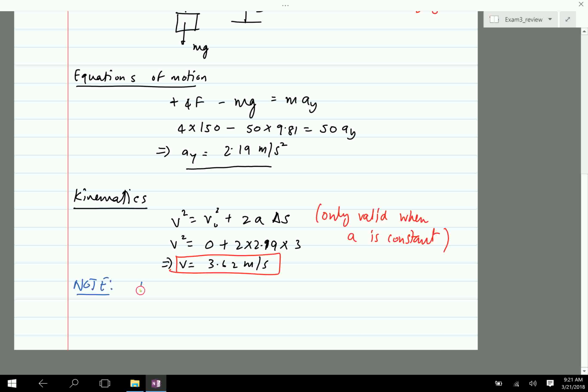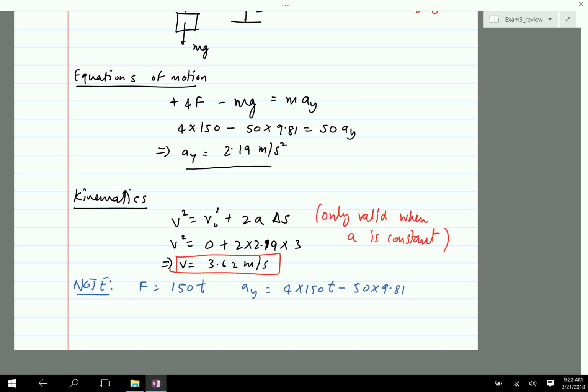Okay, so what if F was 150 times t? This is not this problem, I'm just making up my own problem. If F was that, then Ay would be 4 times 150t minus 50 times 9.81. So you notice that acceleration is not a constant, it's a function of time.